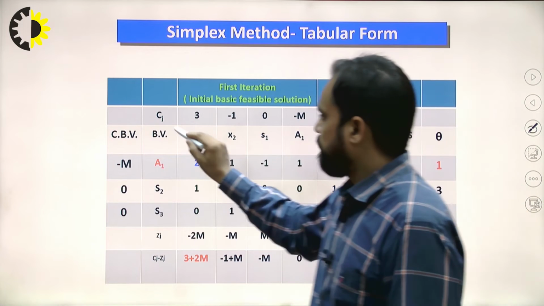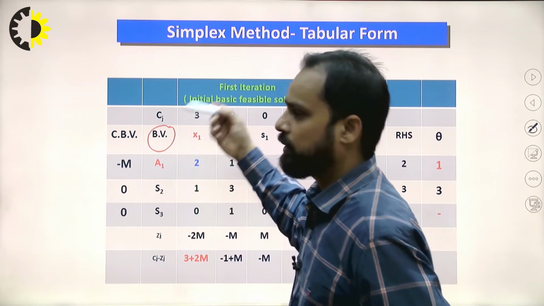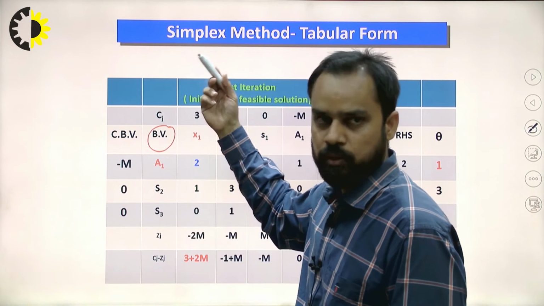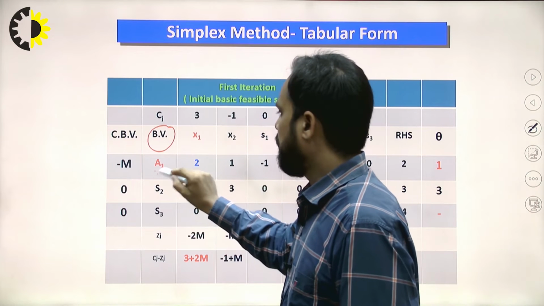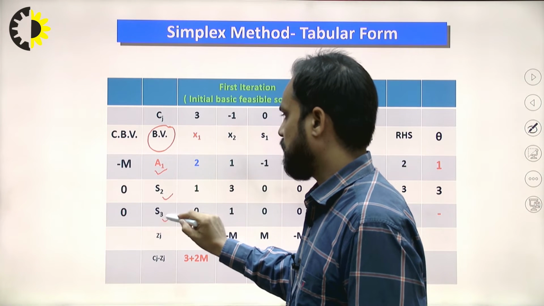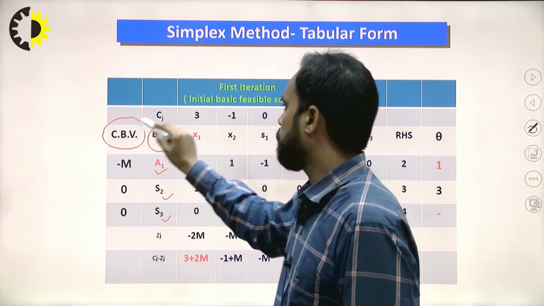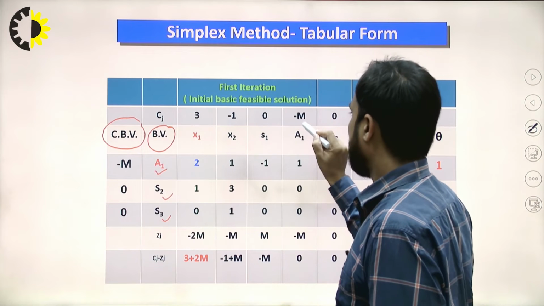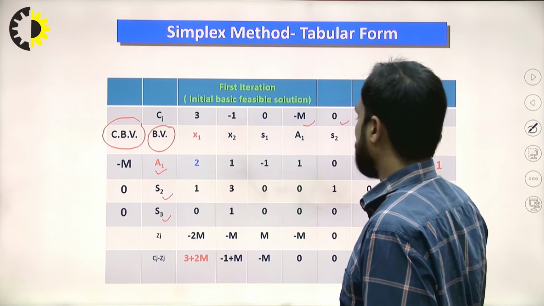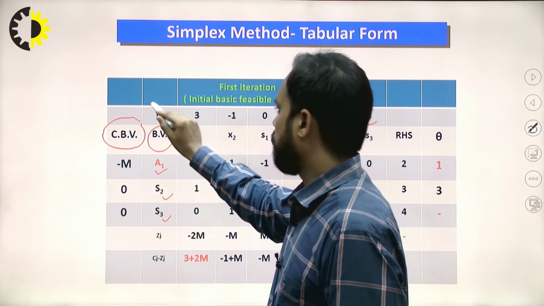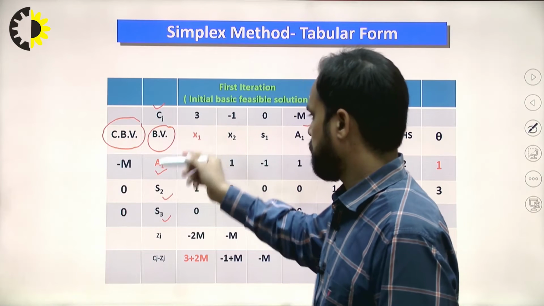These are the basic variables, obtained by keeping the non-basic variables at 0: A1, S2, S3. These are the coefficients in the objective function: minus M, 0, 0.